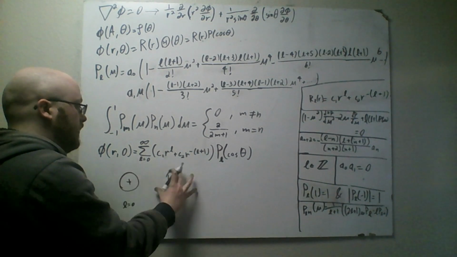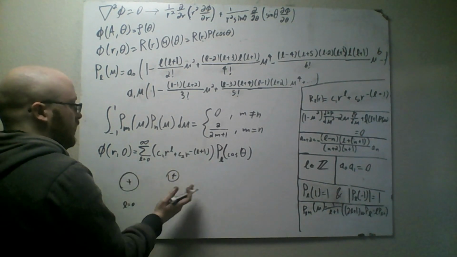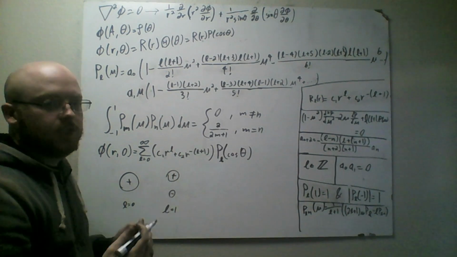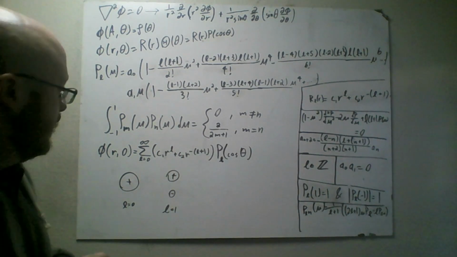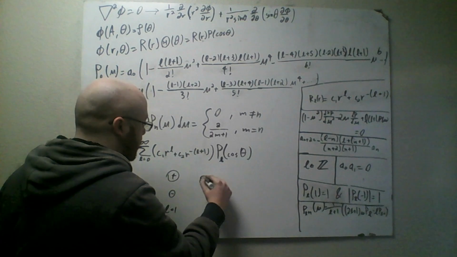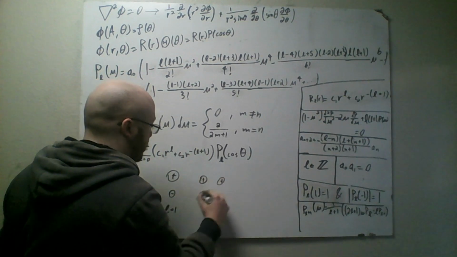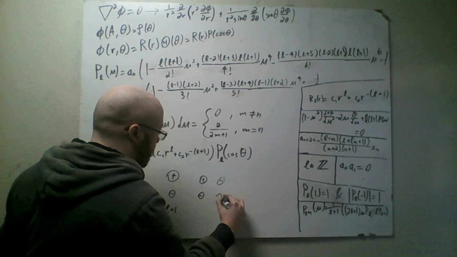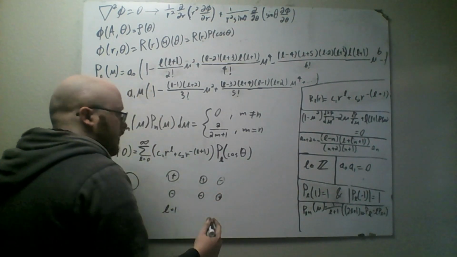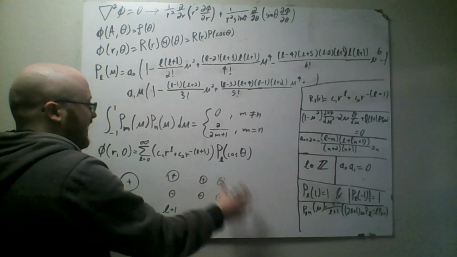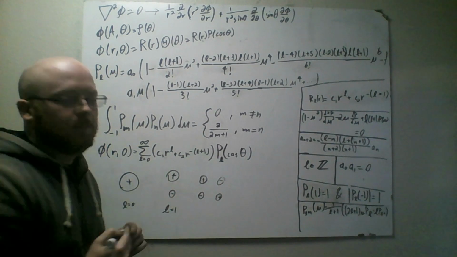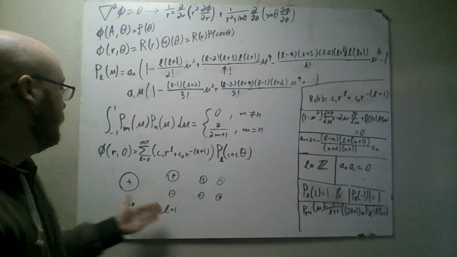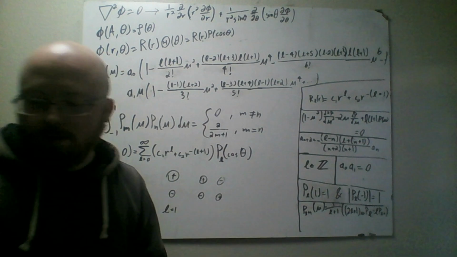L equals 1 kind of measures how spread out it is across a specific direction. L equals 2 is a little weirder, but it's kind of like something like this, right? And then L equals 3, it's just more and more stuff. Normally you go here, here, and then maybe here.